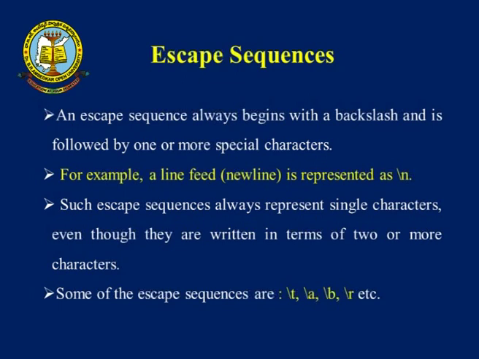For example, line feed is represented with backslash n. If you write simple n, what will it read? It will read that it is the alphabet n only. N does not have any special meaning in C. Suppose you write it with the backslash, so backslash n has the meaning of new line.